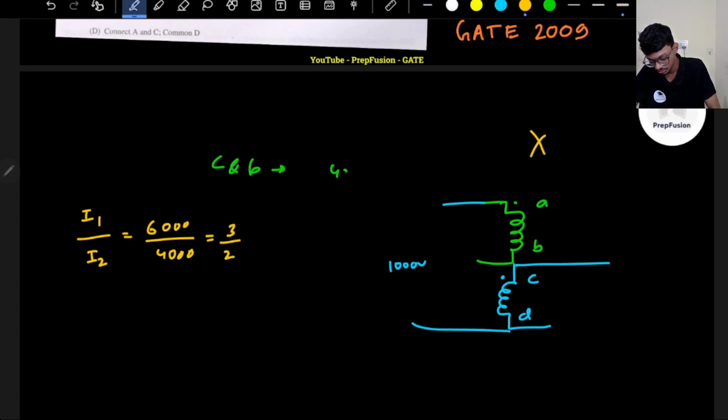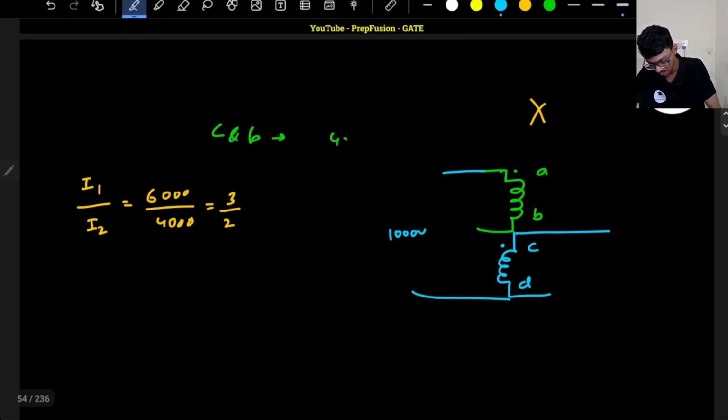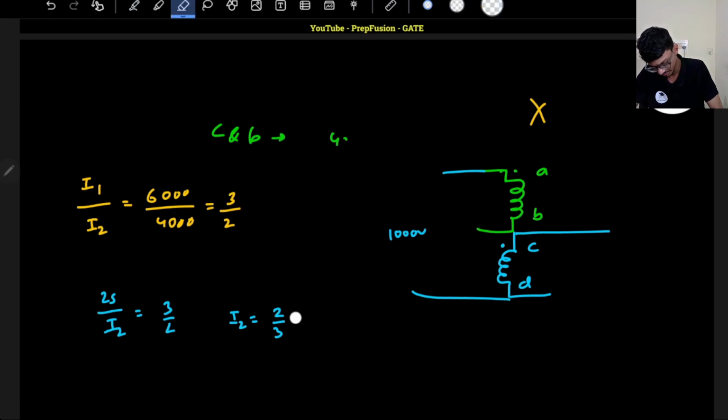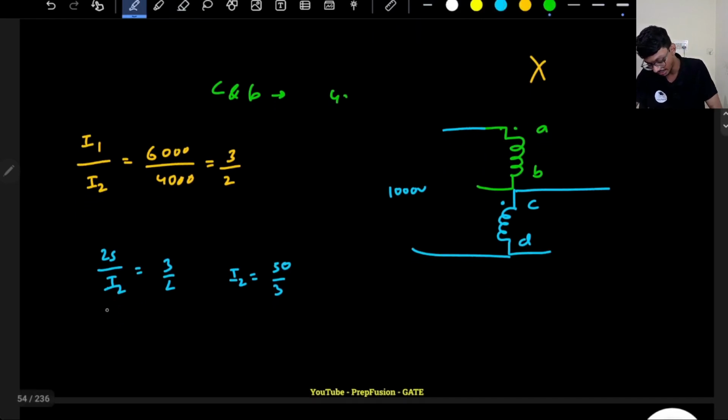If I choose my I1 to be the maximum current, that is 25, then I2 will be 2 by 3 of 25, so it will be 50 by 3, somewhat less than 25. Now if you tell me that you are choosing I2 to be the maximum current, that is 25, there will be a problem.